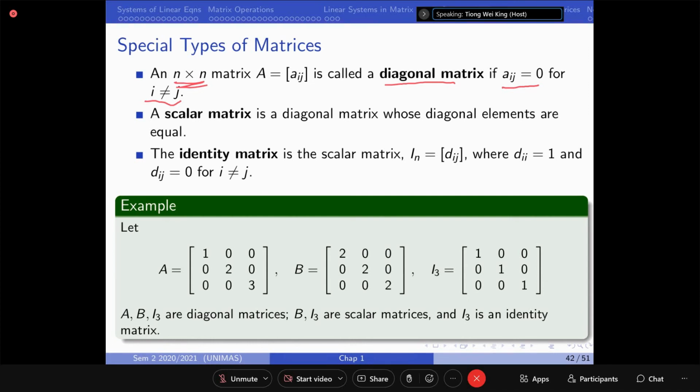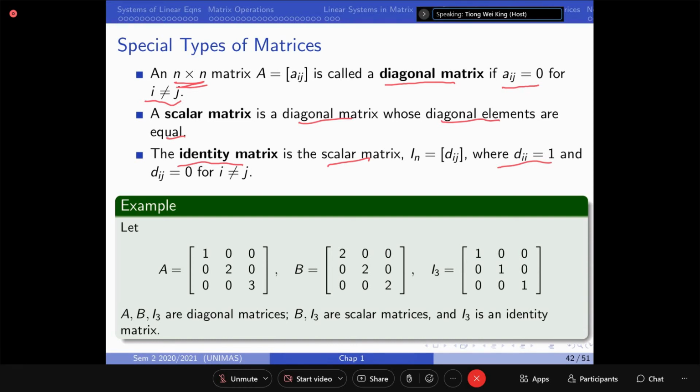A scalar matrix is a diagonal matrix whose diagonal elements are equal. The identity matrix is the scalar matrix where the diagonal values are all 1 and the rest are 0.